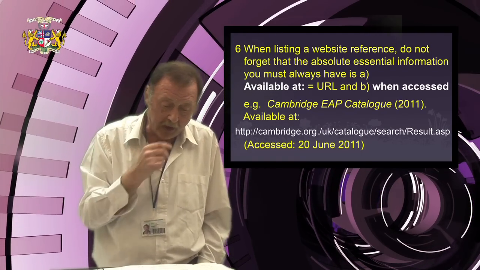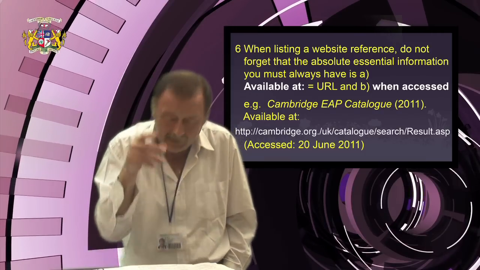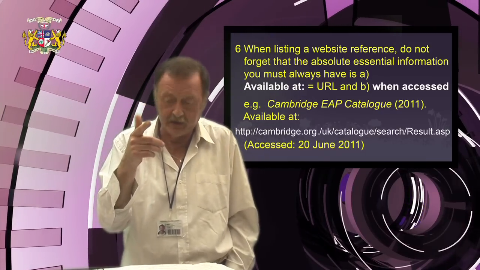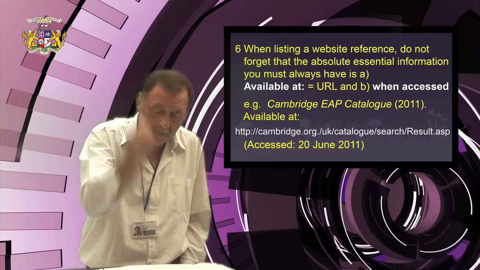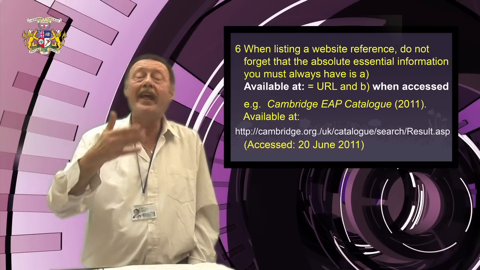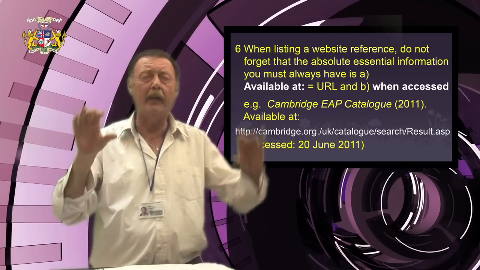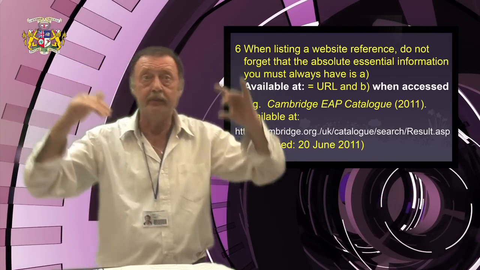When listing a website reference, do not forget that the absolutely essential information you must always have is 'available at' and then the URL, and then when accessed. Those are absolutely essential.